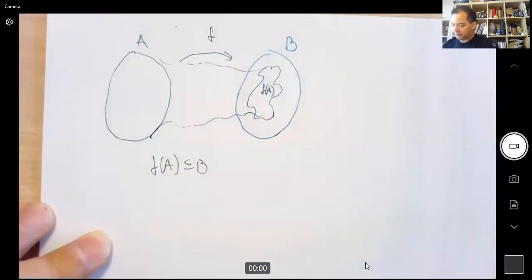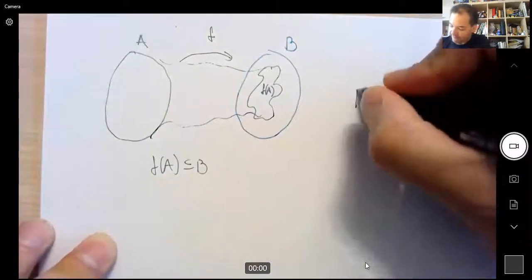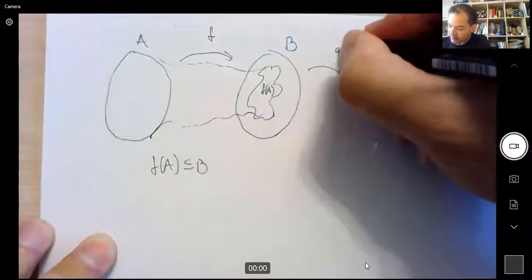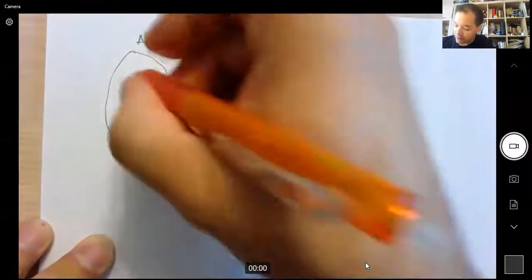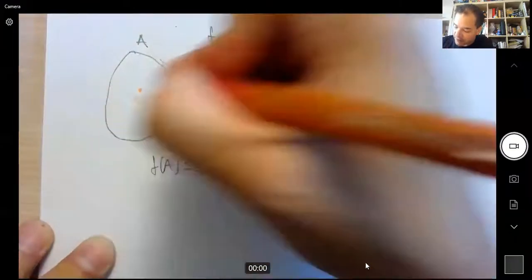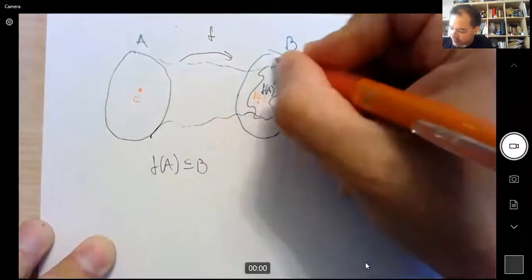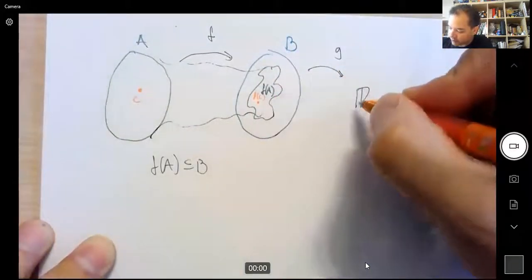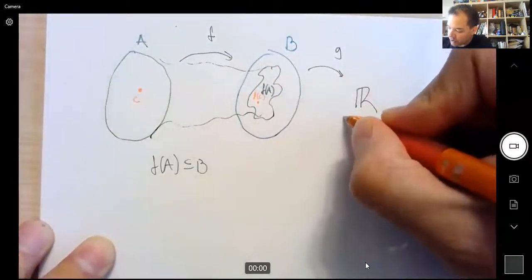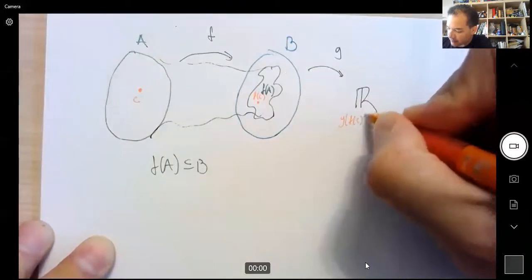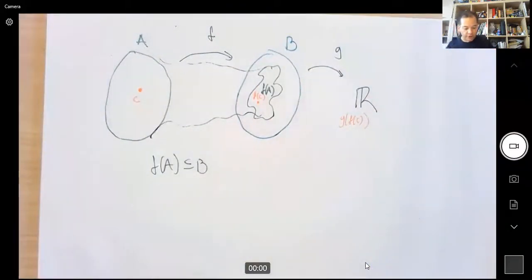And then we have the real numbers over here, and this is the function g. The important thing is any number c that you pick here goes in here. That's f of c, goes inside this part. And then from here to here, we get g of f of c. That's the composition, right? So that's what we need to show.